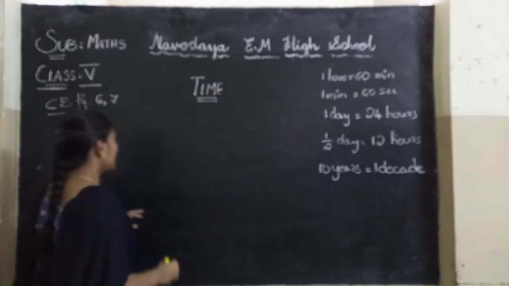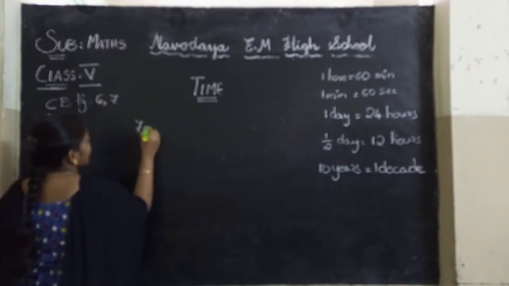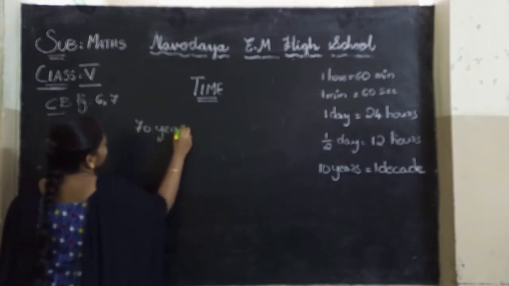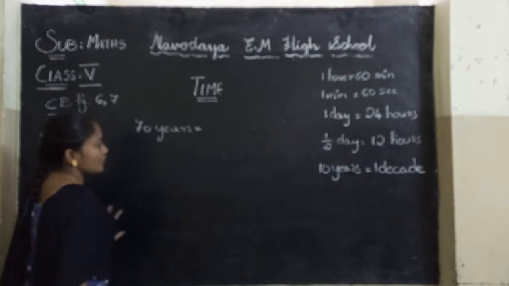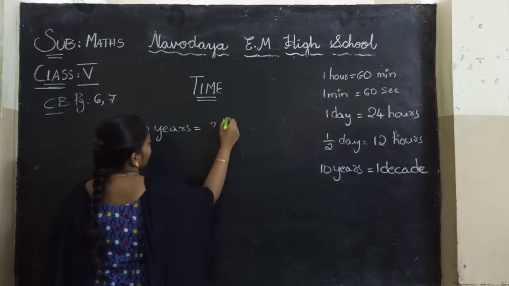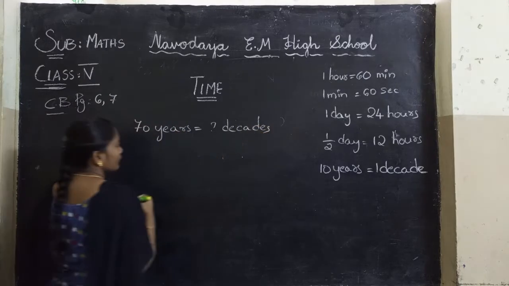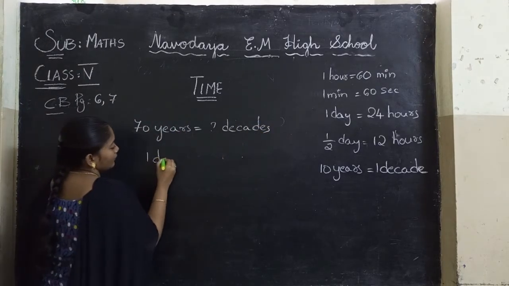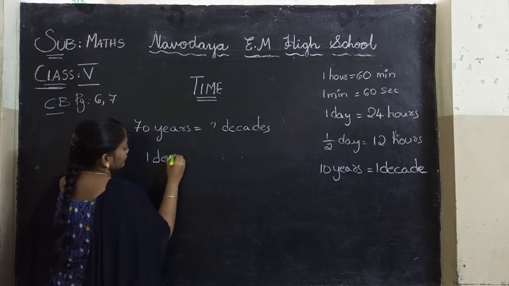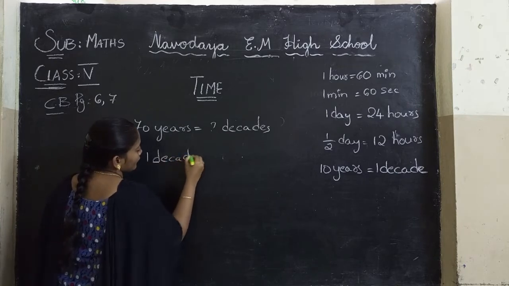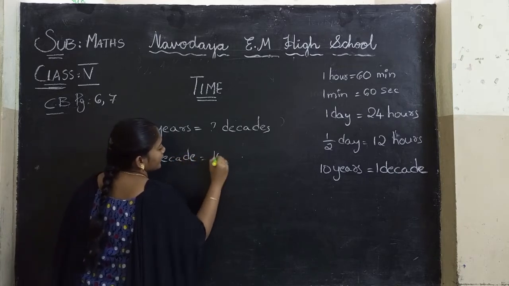Anu's grandfather's age is 70 years. You have to find out how many decades it will be. 1 decade is equal to 10 years.